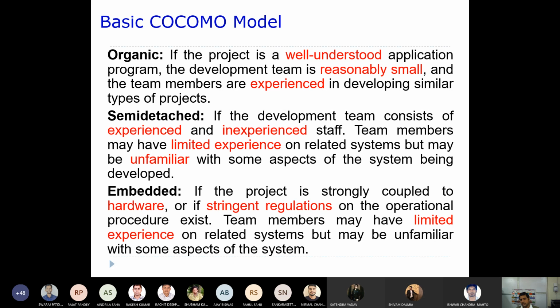The other, semi-detached, is where you have some experienced and some inexperienced people as part of the development team.